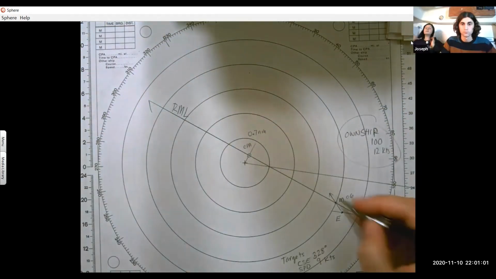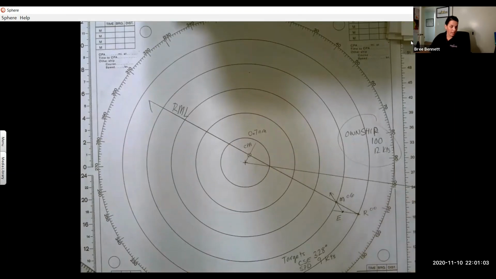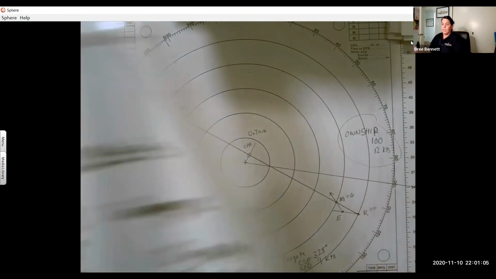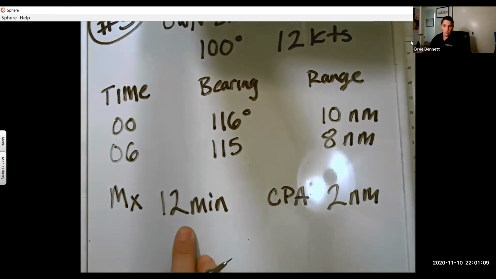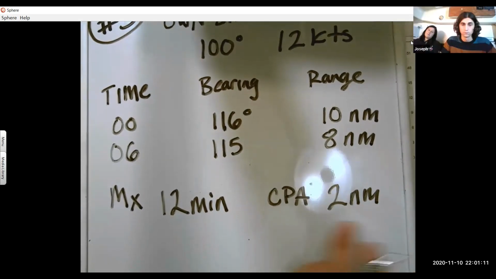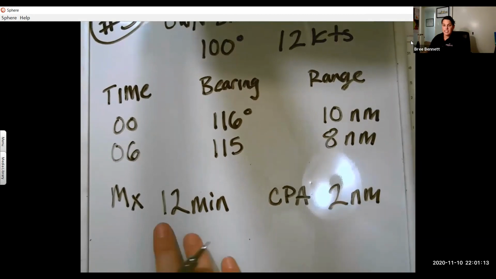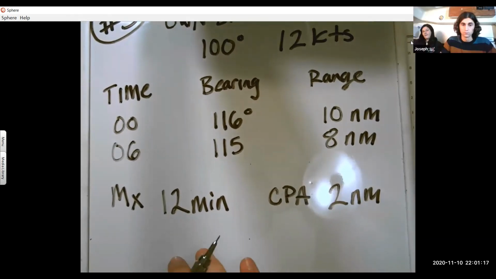So with my relative motion line, they told me MX was at 12 minutes with a CPA of 2 miles. So this time our MX is in minutes and not in distance. So it can be either or.